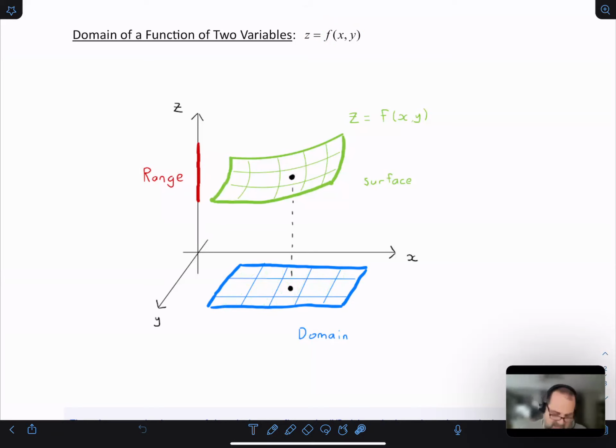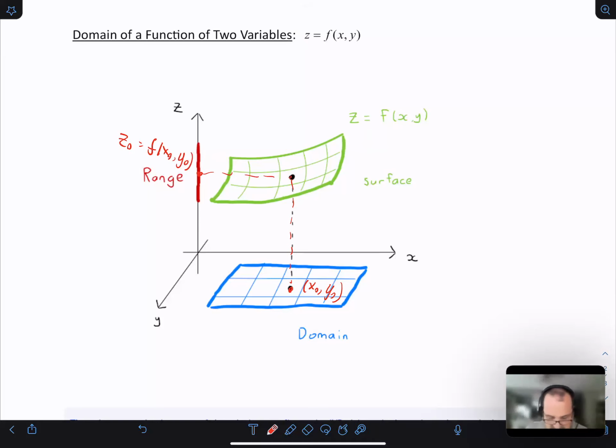And again, you can imagine taking a point, something like x0, y0, and plugging it into our function, and we would get an output here. This would be z0, let's call it, or f of x0, y0.